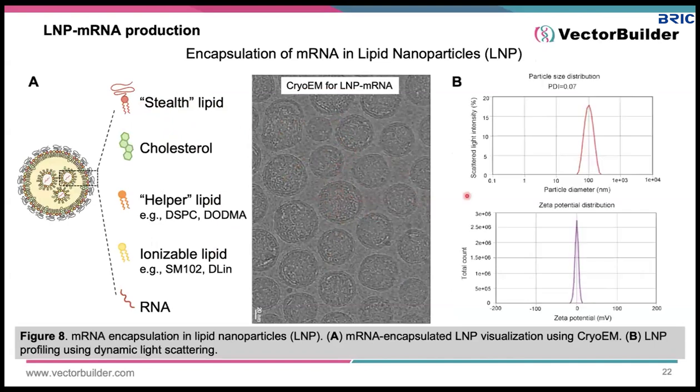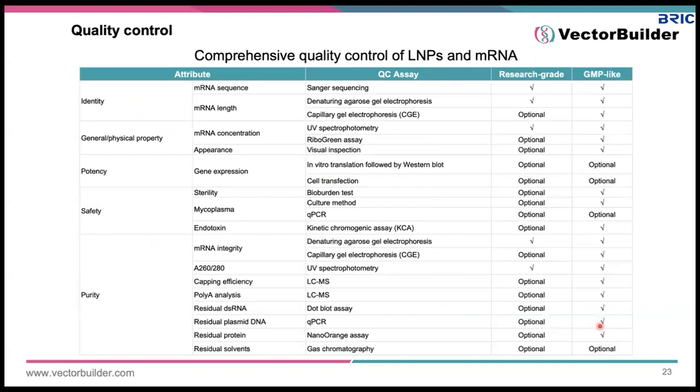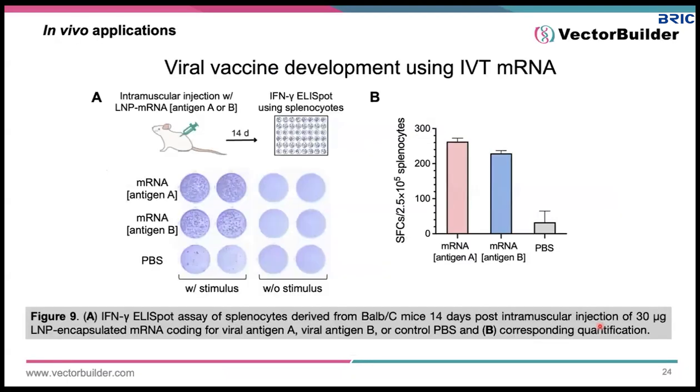And these nanoparticles are usually subjected to QCs that measure the diameter and also surface charge. At VectorBuilder, we have developed a very comprehensive panel for QC testing for every step of mRNA production. Because of time limitation, I will not dive into details, but feel free to reach out to us if you'd like to learn more about mRNA QCs.